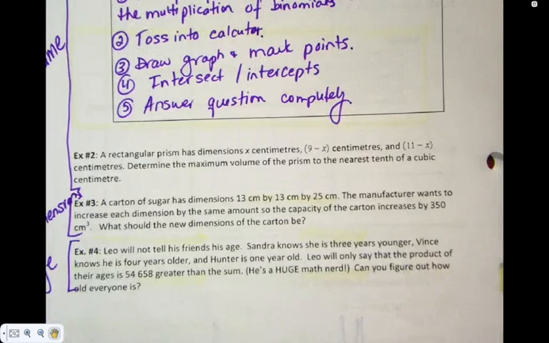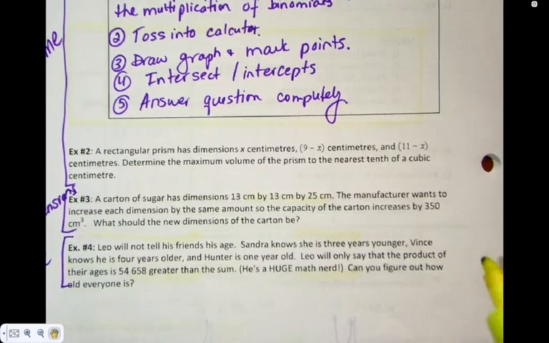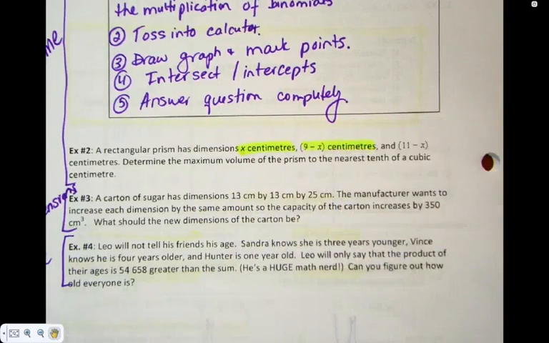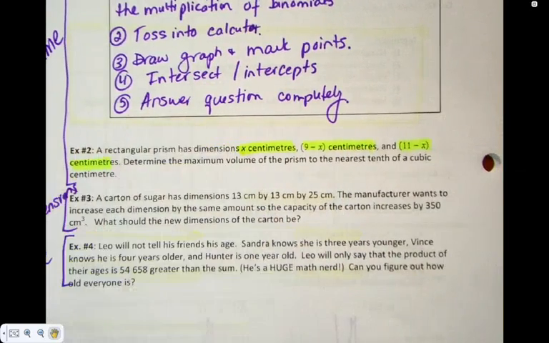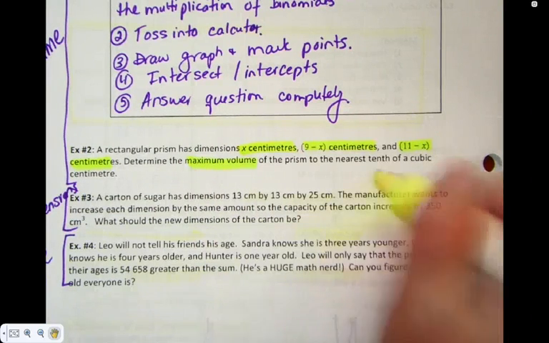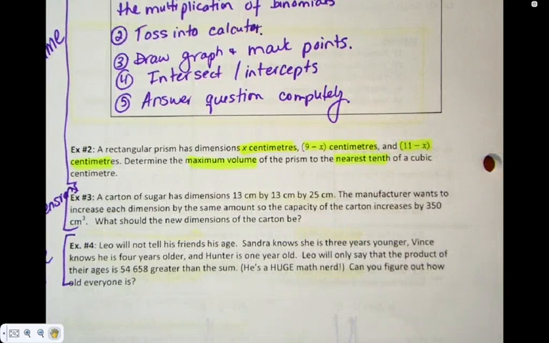What's the most important pieces? Yeah, cubic centimeters. What's the difference between example 1 and example 2? We don't have the volume for this one. Okay, so let's see how that's going to differ.